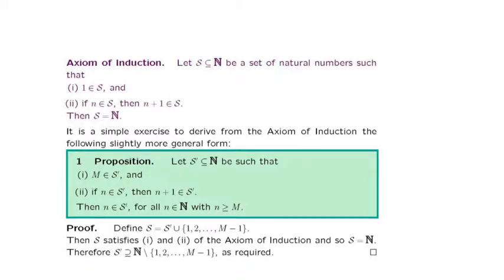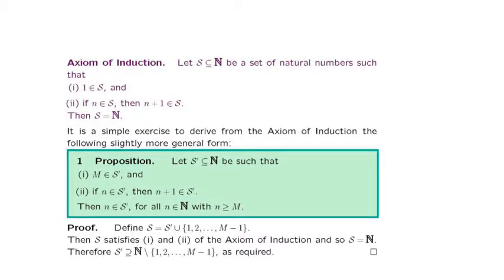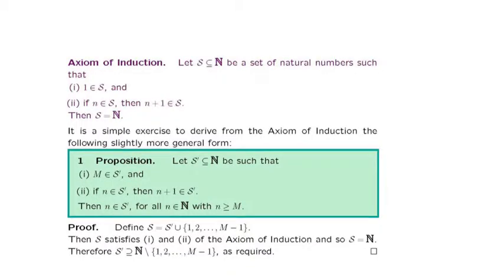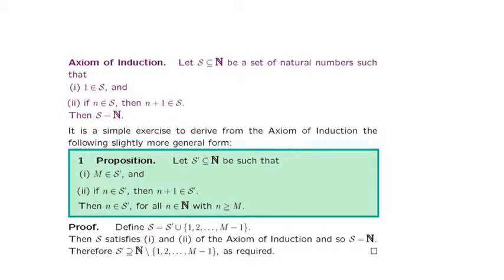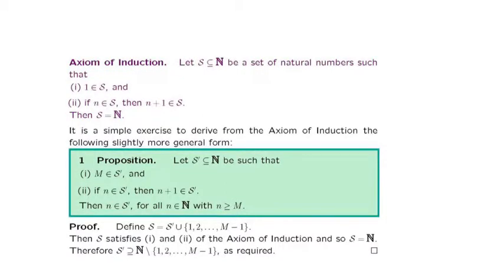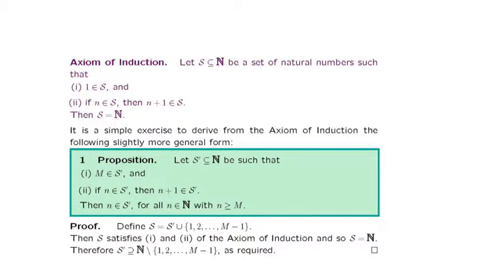It is now clear that this set S we've just defined satisfies condition 1 and condition 2 of the axiom of induction, and so the set S is equal to N. But S prime was all of S except the numbers 1 up to m minus 1. So S prime must contain the set of natural numbers minus 1, 2 up to m minus 1, which is what we're required to prove.